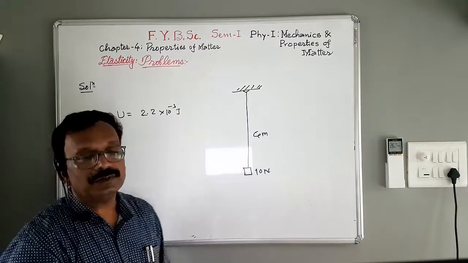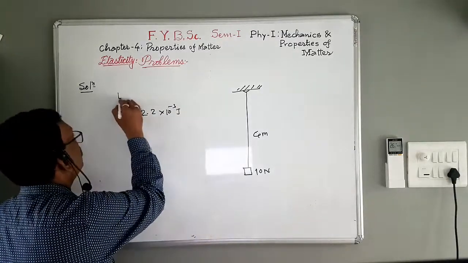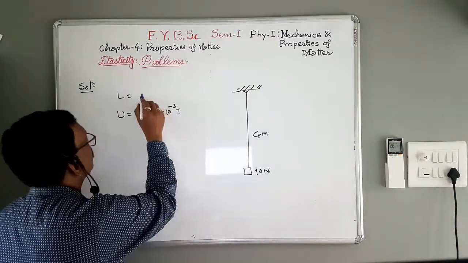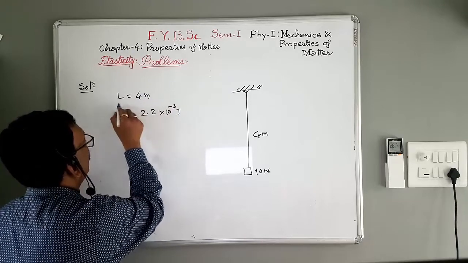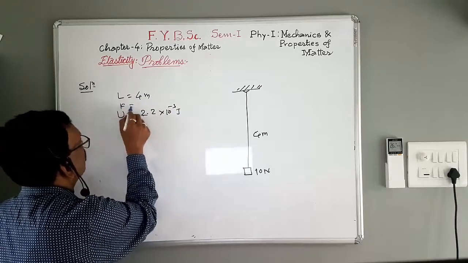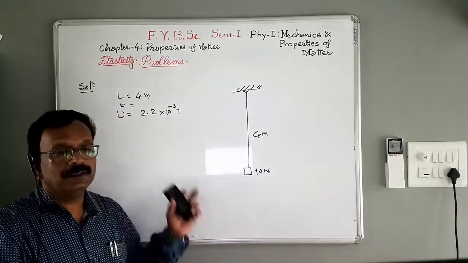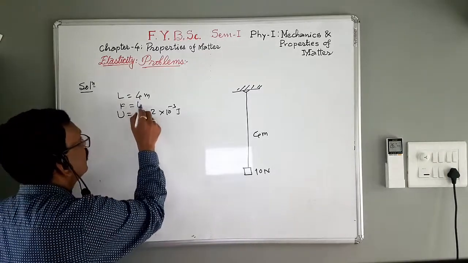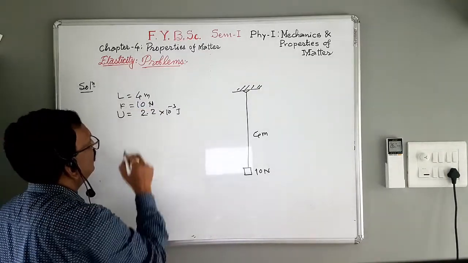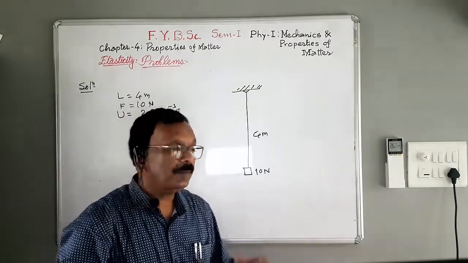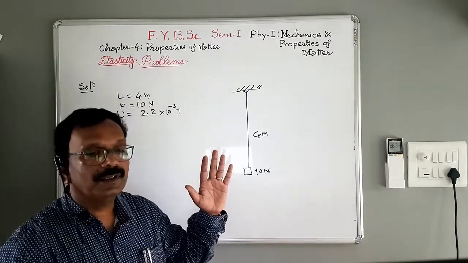This is the energy stored in the wire and the length of the wire is 4 meter and the force is 10 Newton. These are the given quantities. I am again going to repeat the problem.